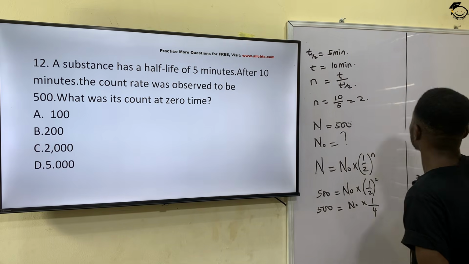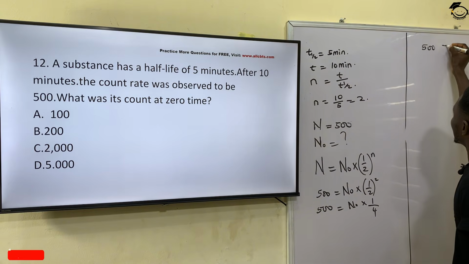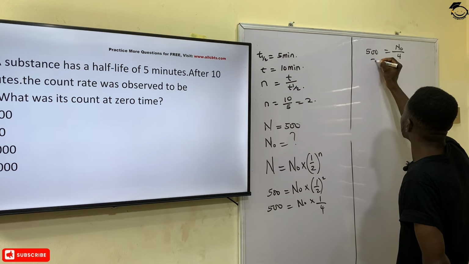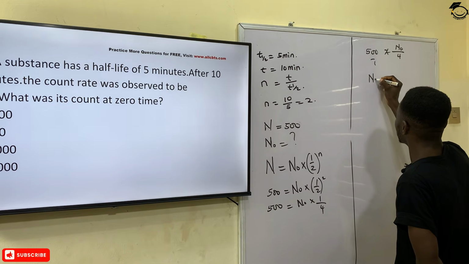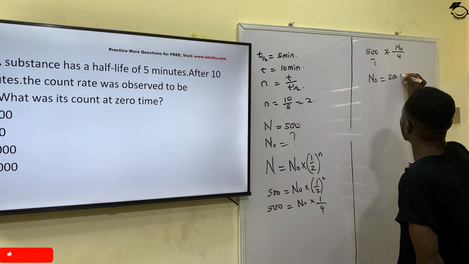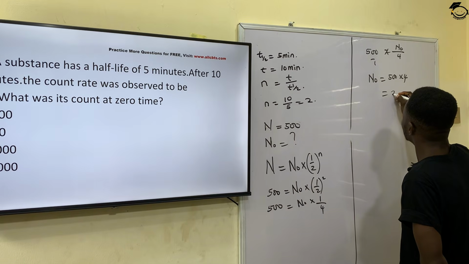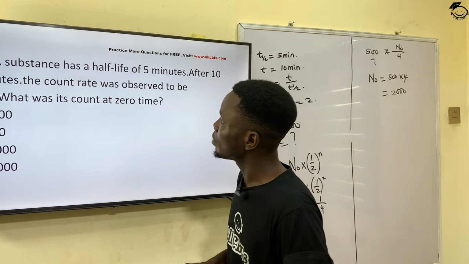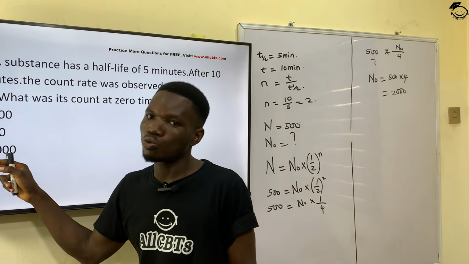I'll cross multiply here, which means that my N naught will be equal to 500 times 4, which gives me 2000. So at 0 time, the count rate was 2000.